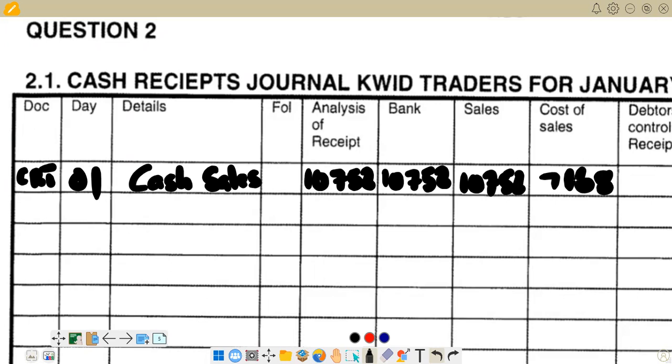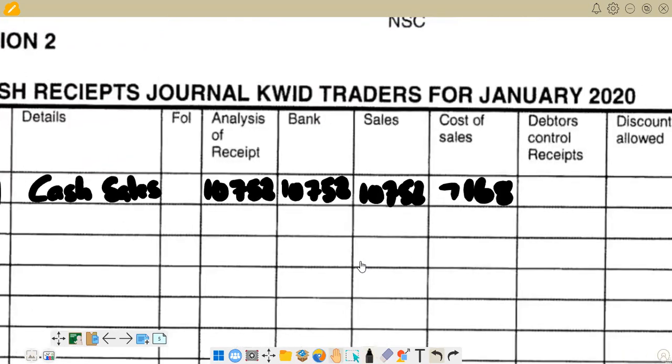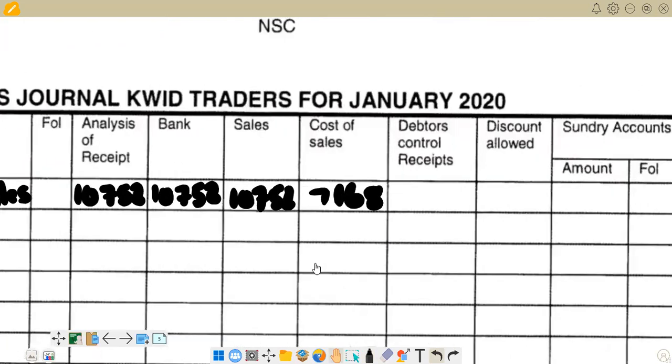If you go there, as we go with the row, you see that we also have columns for debtors' control. So if it's affecting debtors' control, we are supposed to put it here. Discount allowed, put it here. Then for sundry accounts, we put anything that does not qualify to be put in these columns.